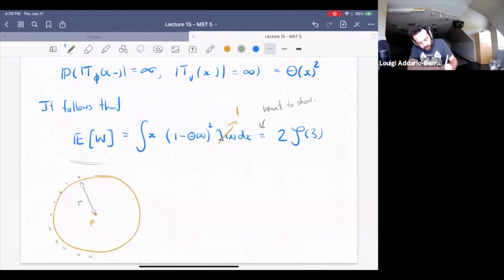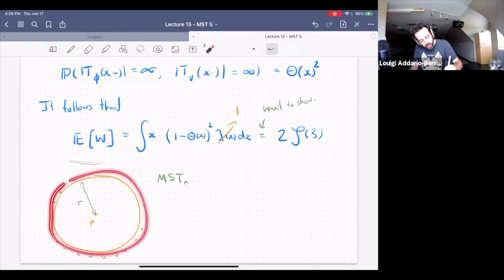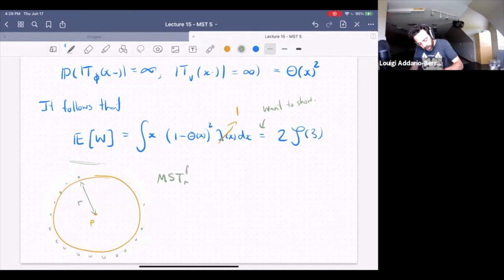You can just calculate a minimum spanning tree of this finite graph, because I'm thinking of a locally finite graph. I'll call that MST_r, and now I've just left the boundary as it is. It's unchanged, so I'll call that free. And you can ask, does that converge to some limit?